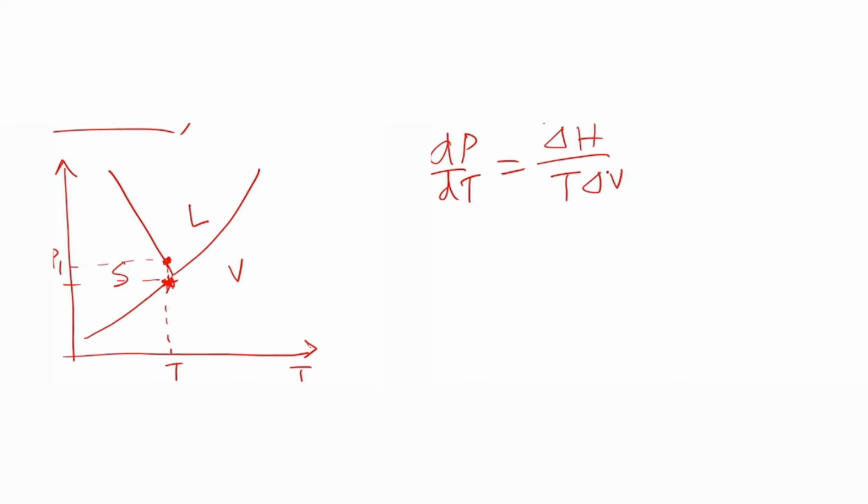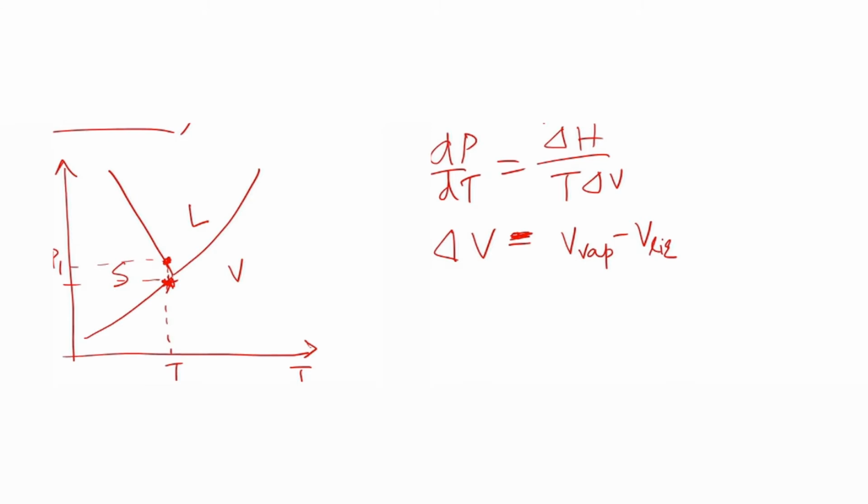Am I right? But what is delta V then? Delta V is equal to V vapor minus V liquid.